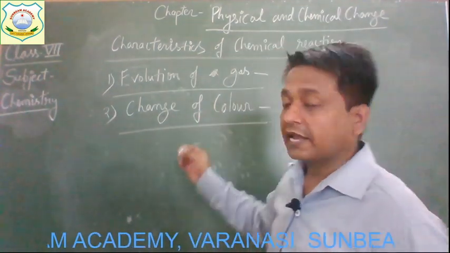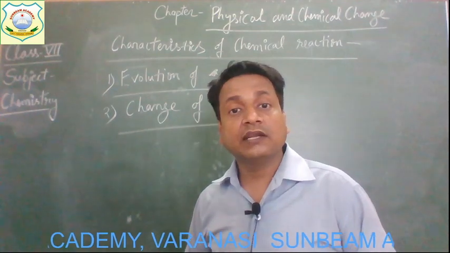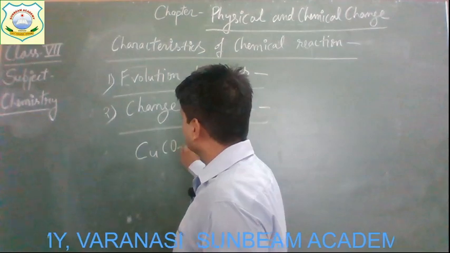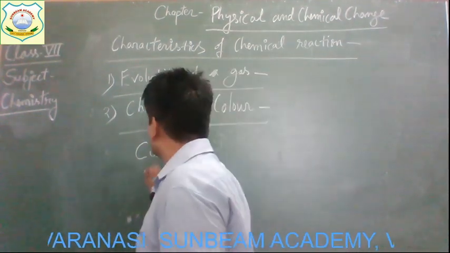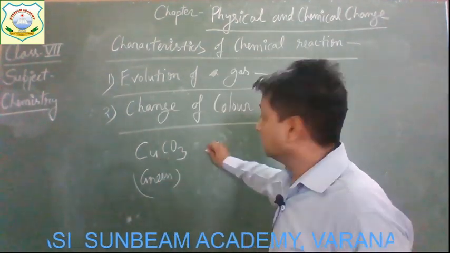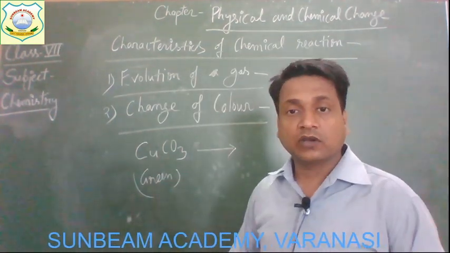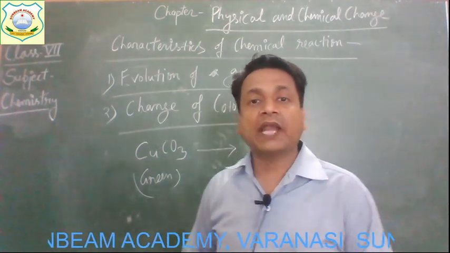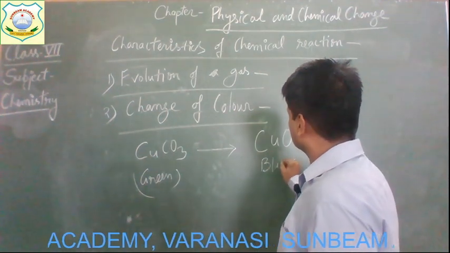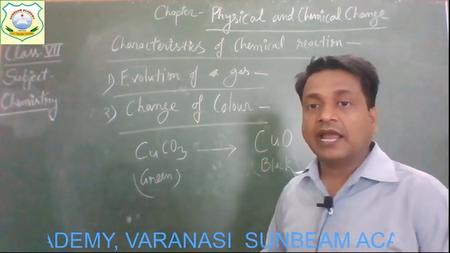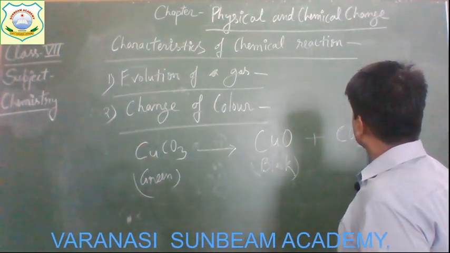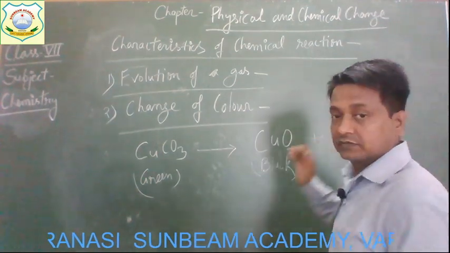So the reaction we can write as: when green colored copper carbonate, the formula is CuCO3, it is green in color. And when this copper carbonate gets heated strongly at high temperature, it forms a blackish residue, and that is copper oxide, which is black in color, plus it gives out carbon dioxide gas.